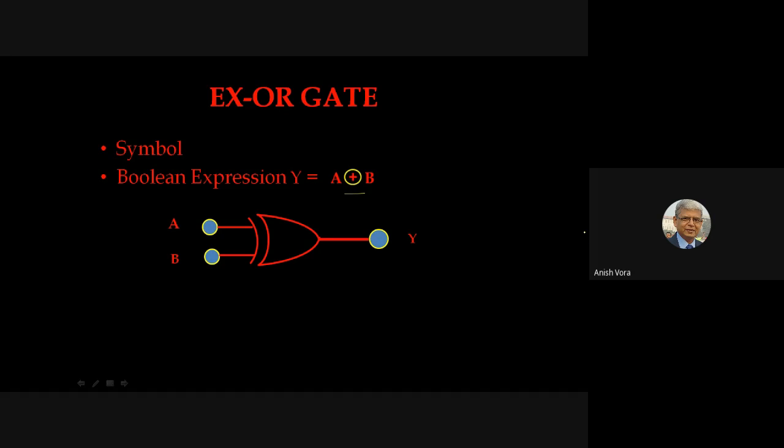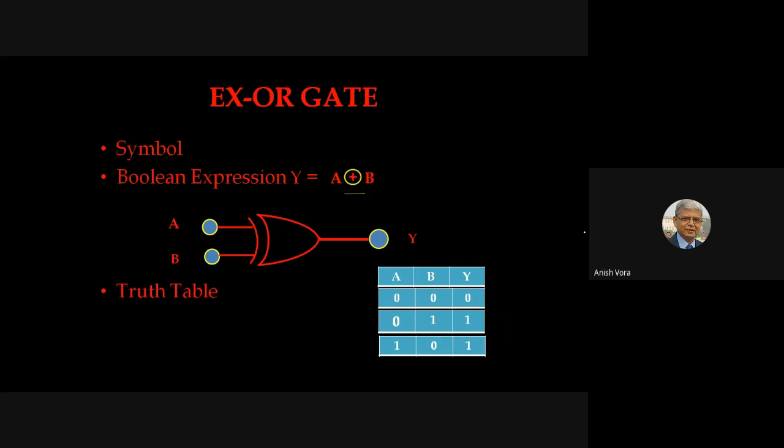So this is a symbol and a Boolean expression for the XOR gate. Now we check the Boolean truth table. So again we have two conditions A and B. We have one output. So first we check a 0-0 condition. We first check all the four conditions, right? And then we conclude what exactly the characteristic of the XOR gate.